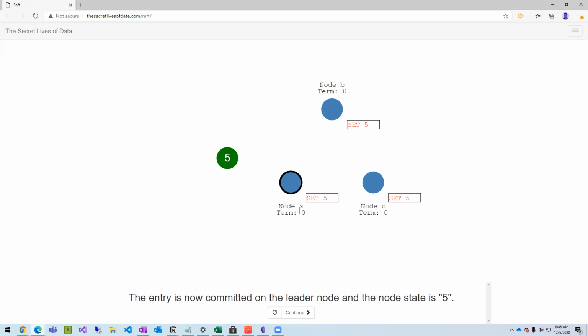Set 5 is not yet committed, and say node B elects itself as the leader. Basically, when it sets 5, first it says yes to both of them, and the value should be committed, and then only it replies back to the client.